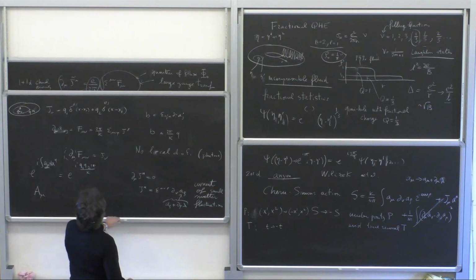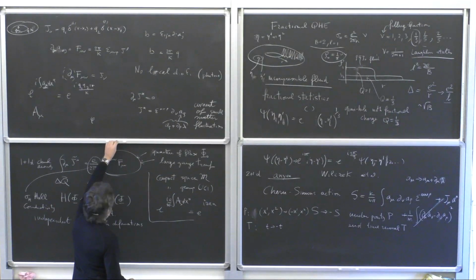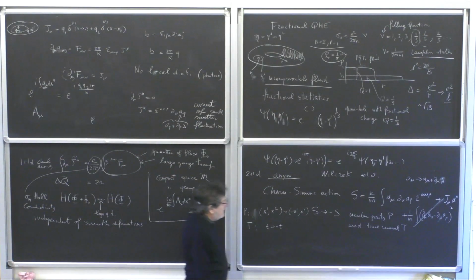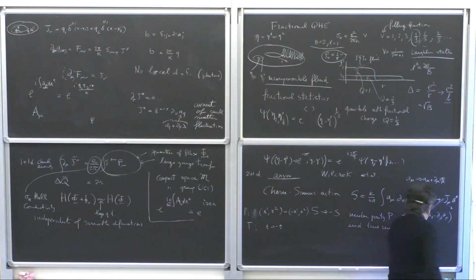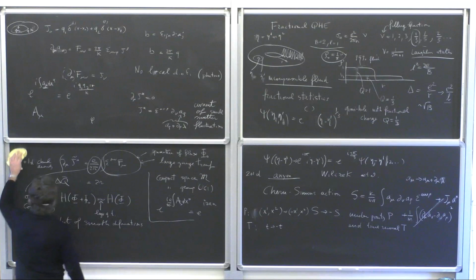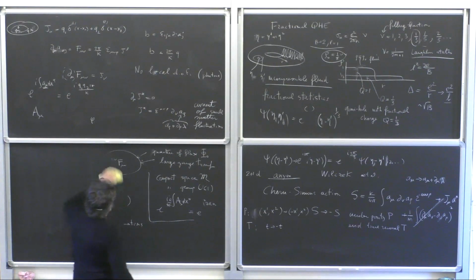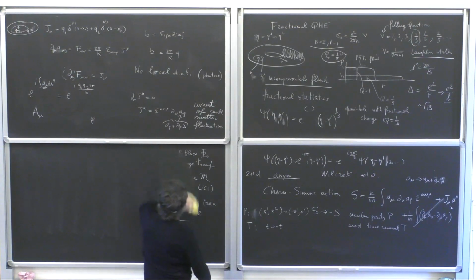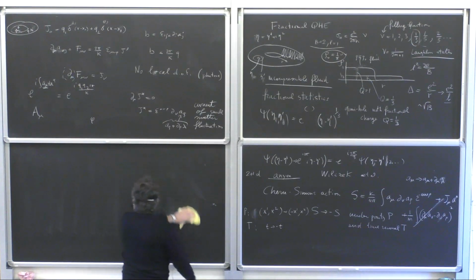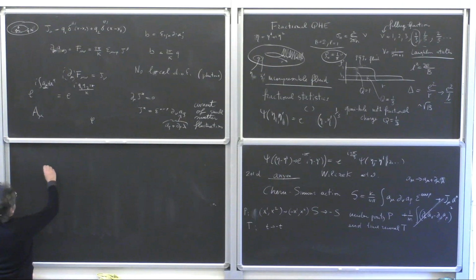Okay, so now we proceed. There is another important aspect: I can couple this current to the external gauge field, and the coupling is the usual one. So I have this starting theory.